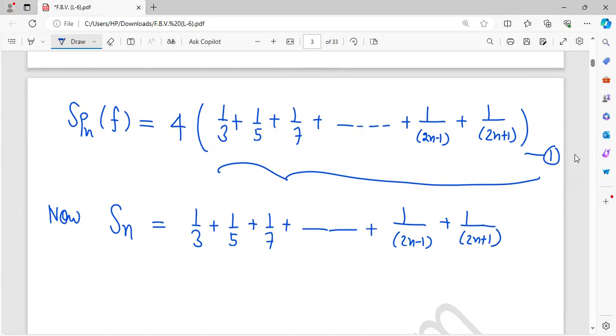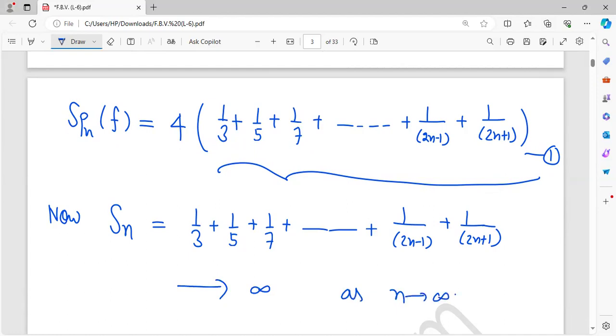Now we know that this sum goes to infinity as n tends to infinity. Why? Because the series 1/3 + 1/5 + 1/7 and so on is divergent, and S_n is the partial sum of that series, so this tends to infinity as n tends to infinity.